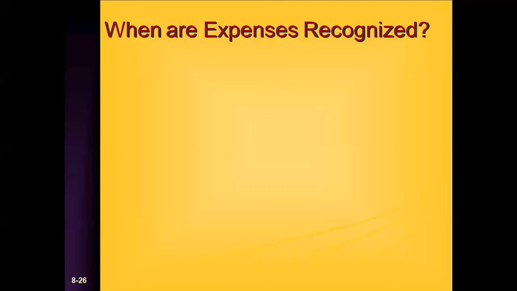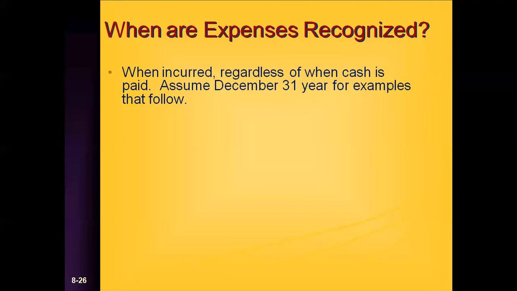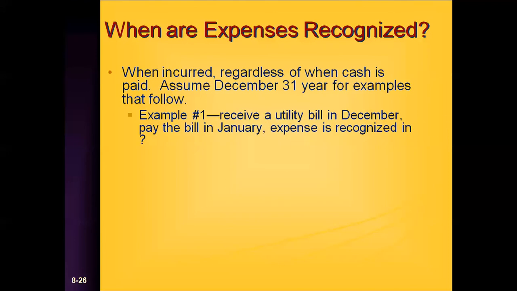Okay, let's look at some examples of when expenses are recognized. An expense is recognized when it is incurred, regardless of when the cash is paid. Assume a December 31st year end for the examples that follow. Example number one: a utility bill is received in December.